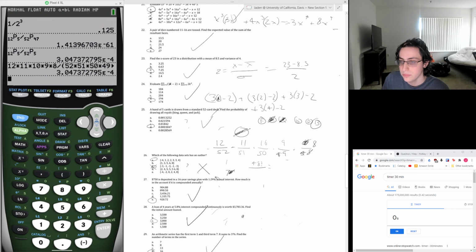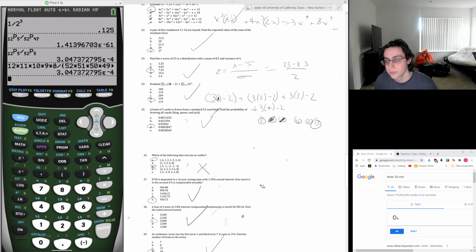26. So I forgot the outlier formula, but there is a trick, I guess. When we have a data set, there are a few things you want to know. We have the mean, obviously, but we also have something called the median, which is basically the middle number.